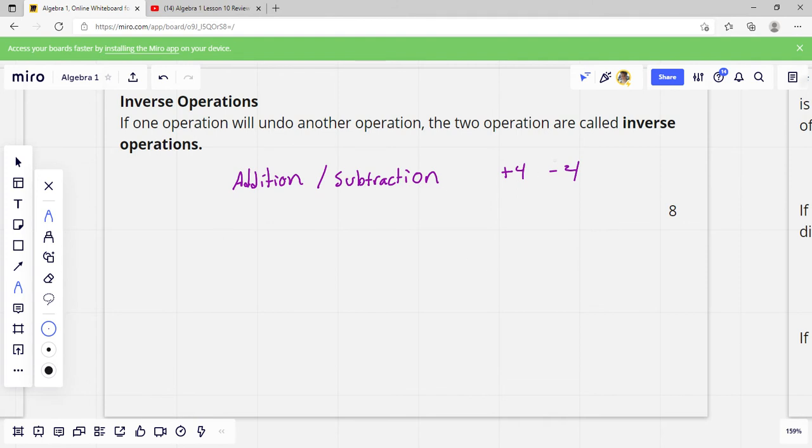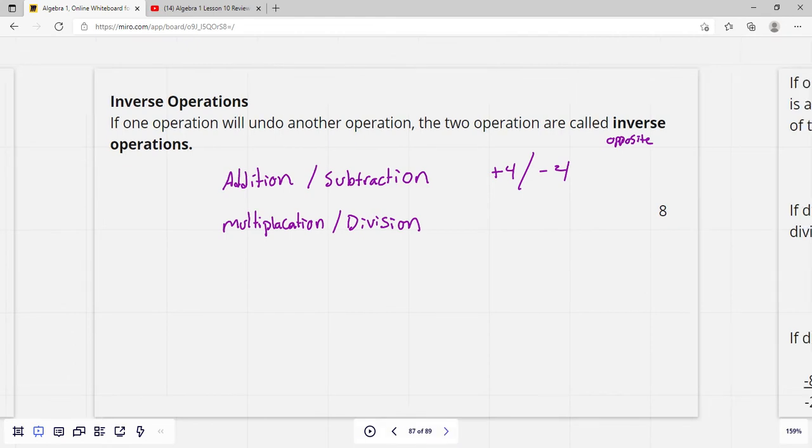Okay, they're opposites of each other. Inverse just means opposite. Okay, the other ones would be multiplication and division. Okay, easy peasy. Those are opposites of each other.